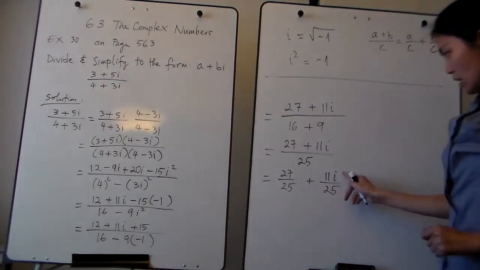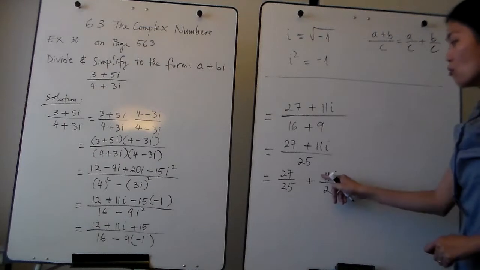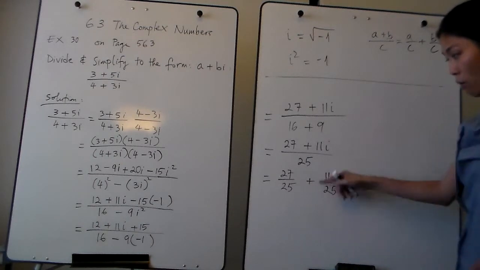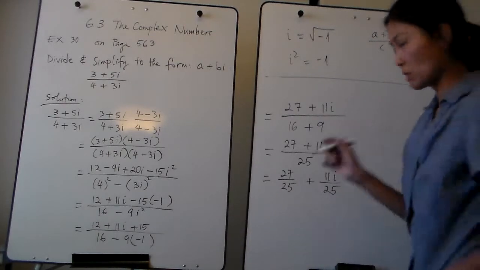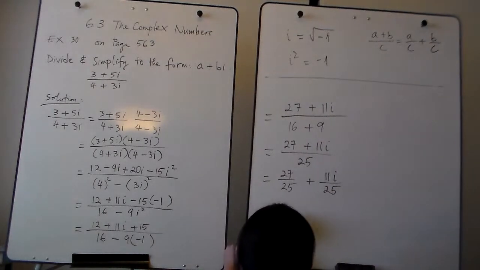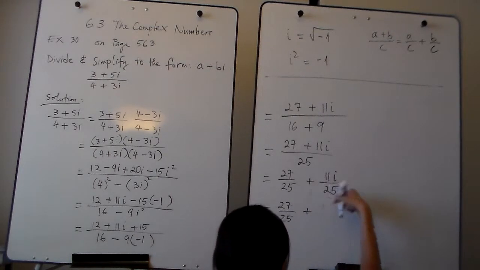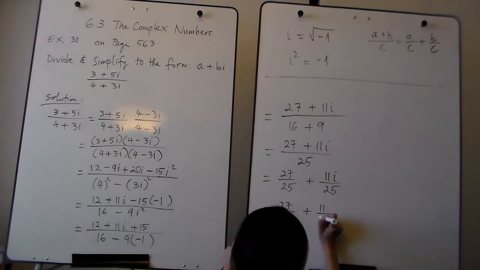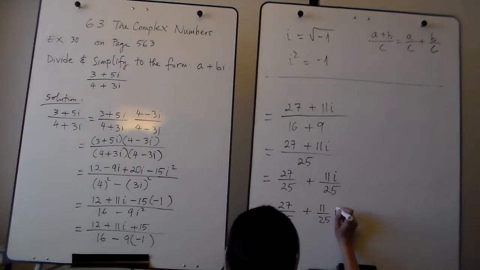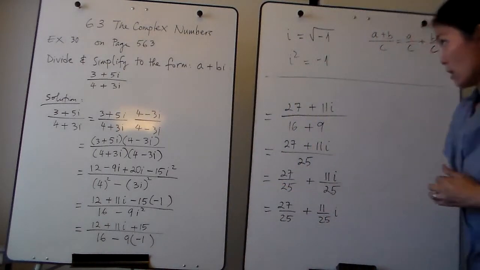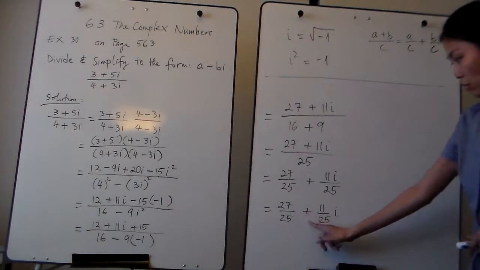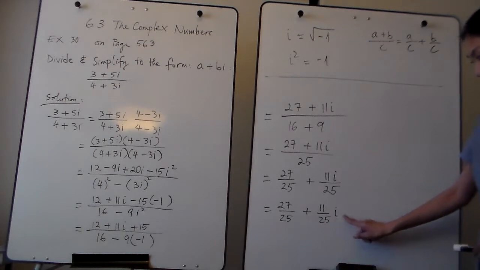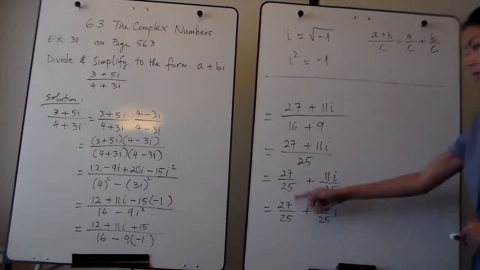So split this coefficient, 11 divided by 25, times i. We get 27 divided by 25 plus 11 divided by 25 times i. So the answer for example 30 is 27 divided by 25 plus 11 divided by 25 times i, and it is a complex number.